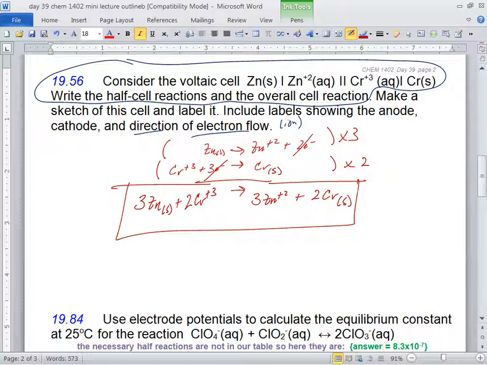Hopefully you multiply the zinc through by 3 and the chromium through by 2. So if you got it, go on to the next one. If not, just ask.